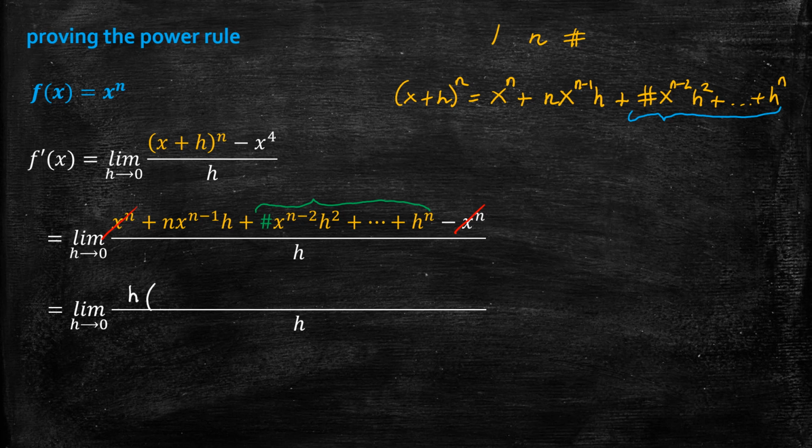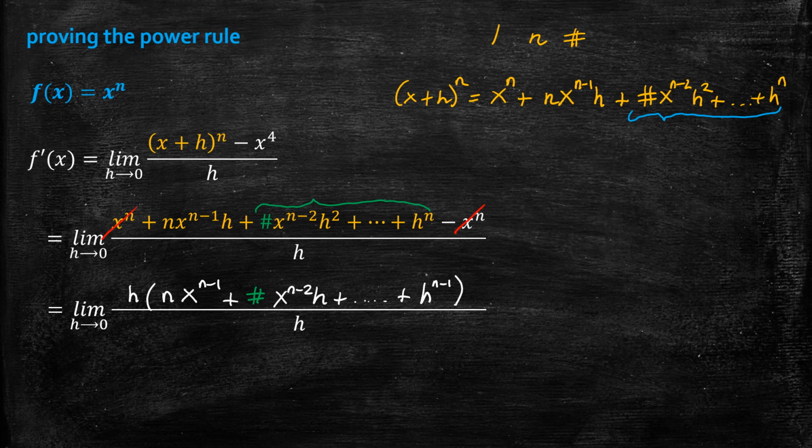So we're going to pull that h out. We're left with this. And then we have the number that we're not sure what it is, but whatever that number is, we would have x to the n minus 2 with one factor of h, plus, and every term after this will still have a factor of h, and the last will be h to the n minus 1.